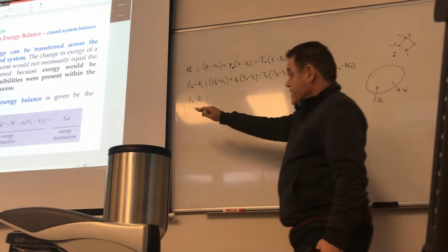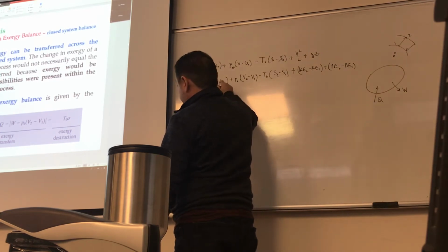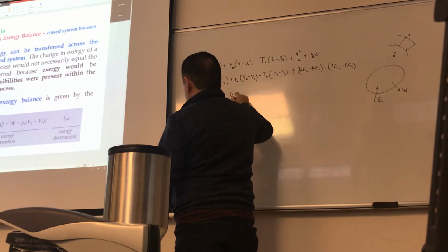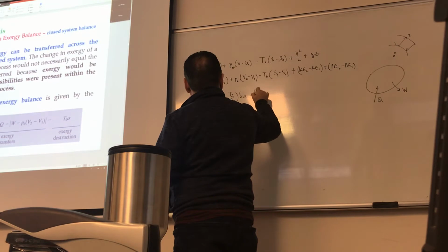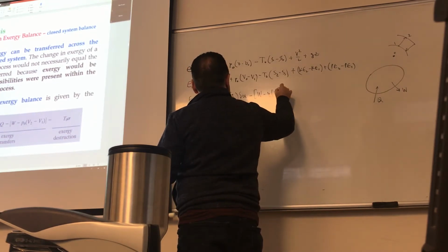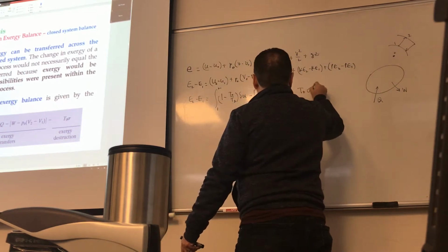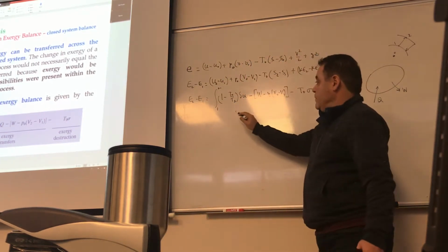What it says in here is that E2 minus E1 is equal to the integral between 1 and 2 of (1 minus T naught over TB) delta Q, minus [W minus P naught (V2 minus V1)], minus T naught sigma. Okay, what's the key thing about this?